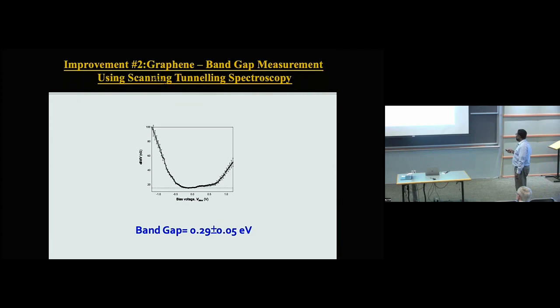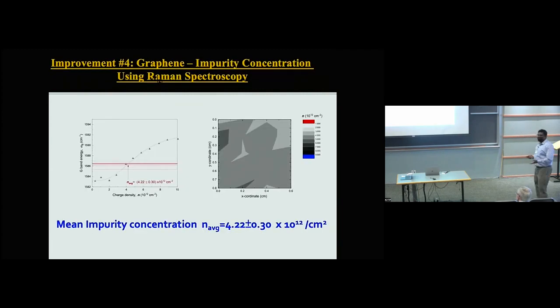And then we measure the impurities by using Raman spectroscopy. The triangles and the solid line here are from the literature, which tells you how the G peak, the Raman peak, varies as a function of impurity concentration. So these are the measured values.